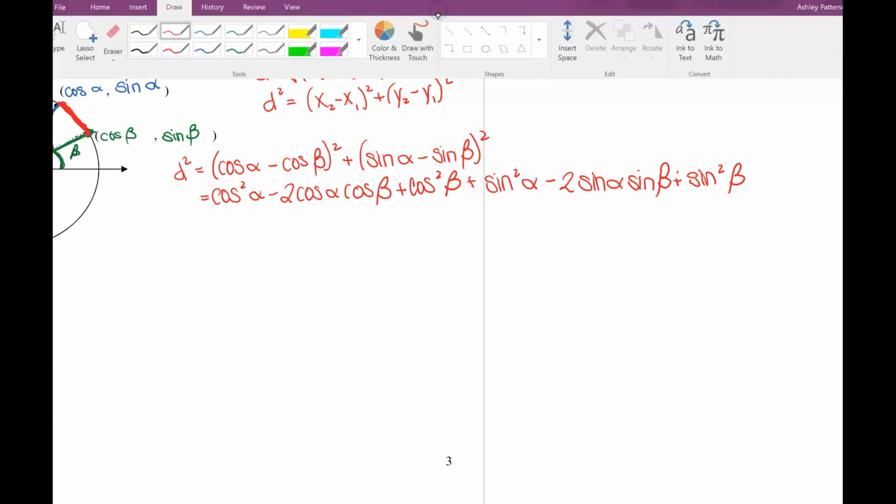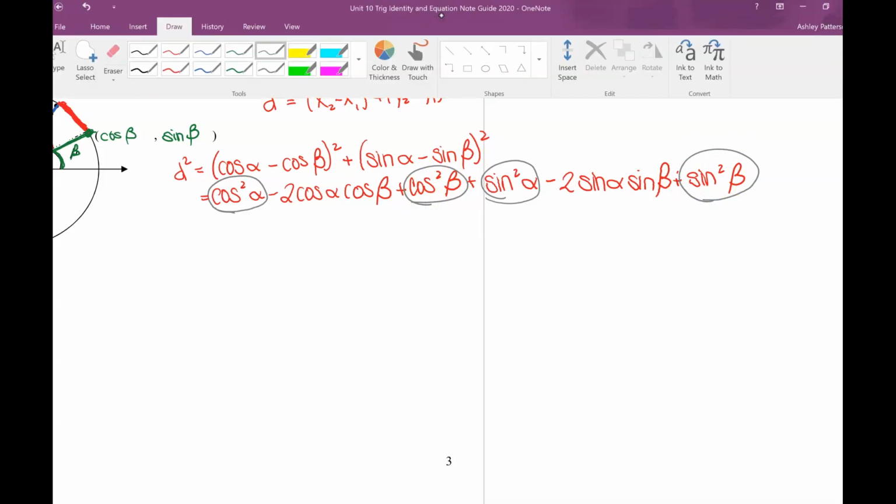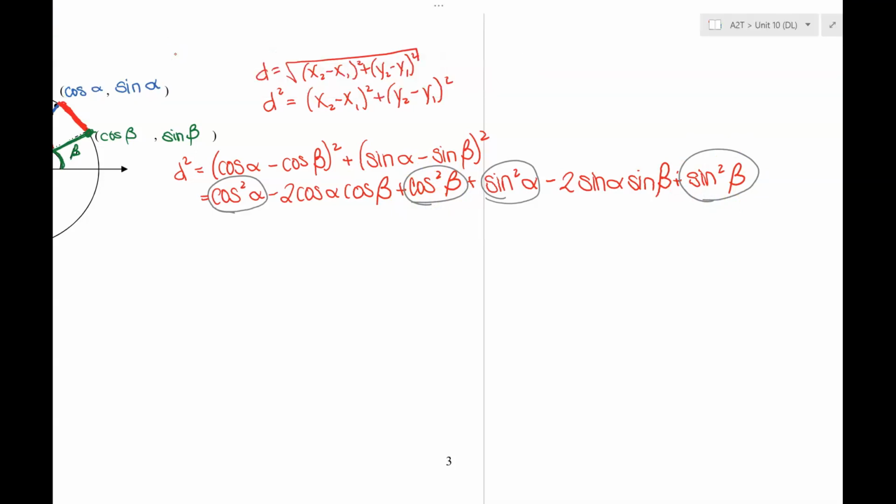Noticing a couple things. I'm noticing that cosine squared alpha plus sine squared alpha is going to give me 1. And then we've also got cosine squared beta and sine squared beta, because our Pythagorean identity says it's 1 if the angles are the same. So I'm going to say that it's 1 from the alphas plus 1 from the betas.